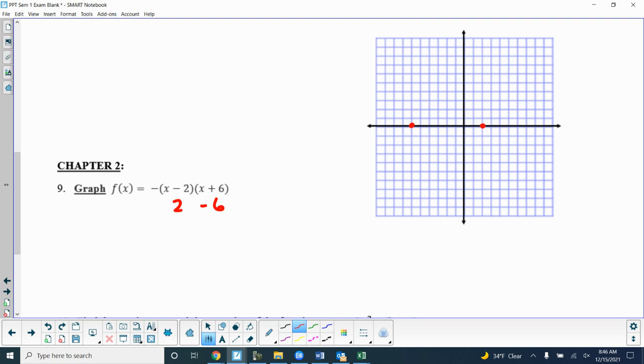And then I got 1, 2, 3, 4, 5, 6, 7, 8 between them. So I'm going to go 4 to get to the middle, which is here, right? And then I would just probably put that number -2 in. I would do f of -2 to find that point, which would be my vertex, right?